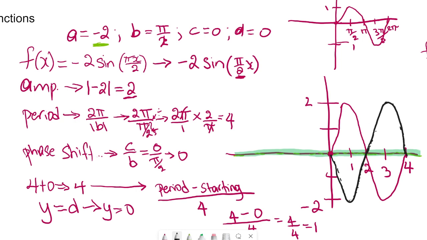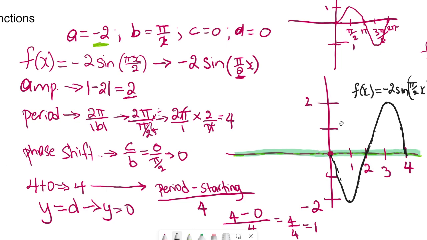Okay, so we can actually delete this because that's not the question we had. So this is the graph that we want. This is going to be your f of x equals negative 2 sine of pi over 2x. So if you have a negative value, that's going to impact your graph.